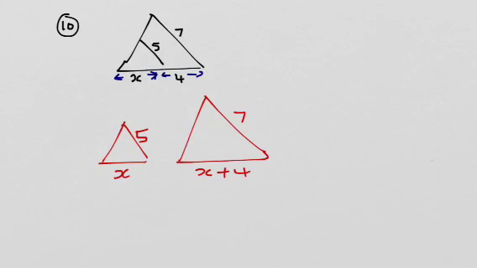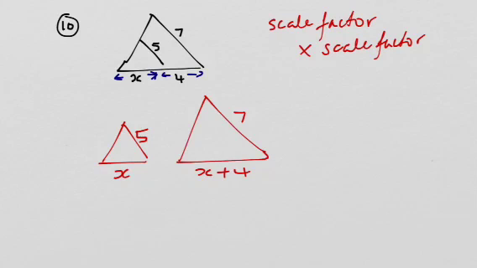Now the method that you have, I believe, from Mrs McCaskill is to work out the scale factor and then you multiply by the scale factor. Okay, my method is slightly different. It's going to get you the same answer, but my method would be that you set up what's called corresponding ratios. So in other words, you look at the 5 and you find the side which corresponds to it, which is 7.